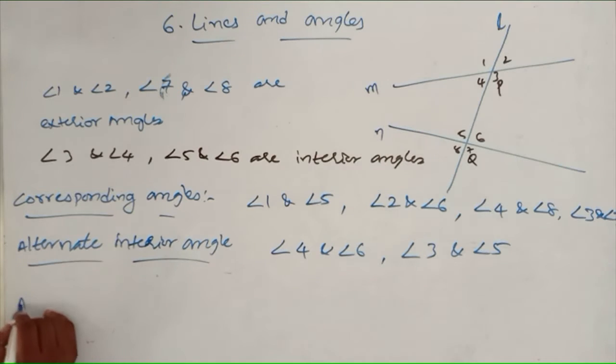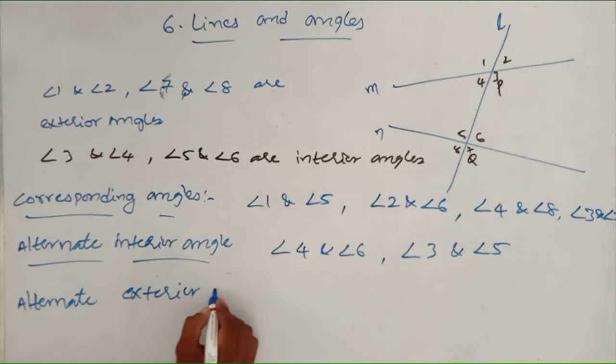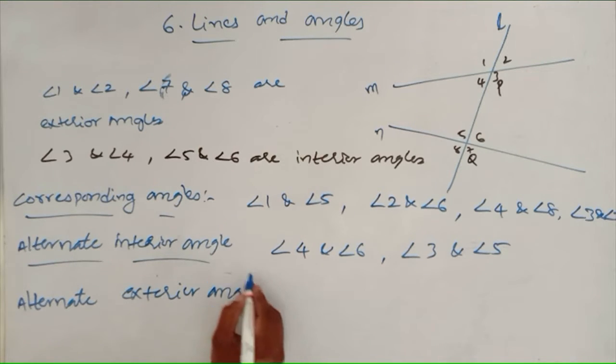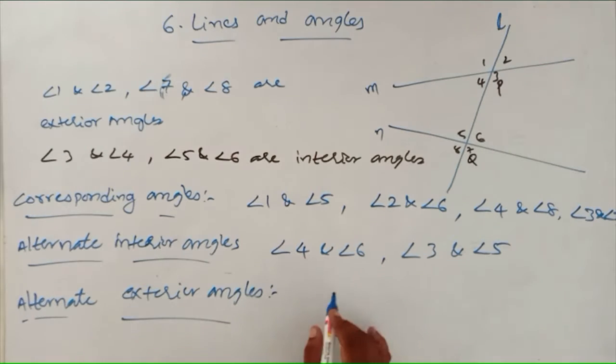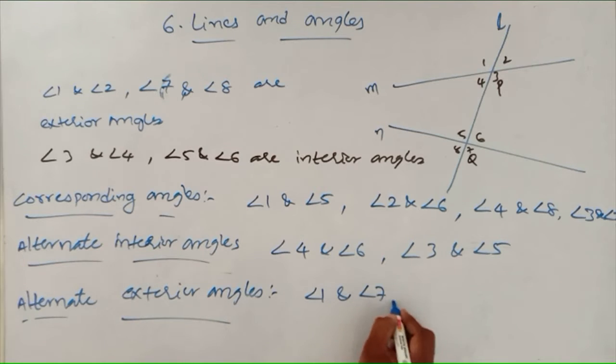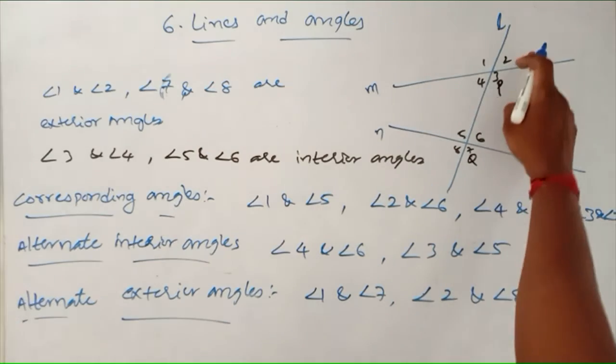The next is alternate exterior angles. Angle 1 and angle 7, and angle 2 and angle 8 are alternate exterior angles.